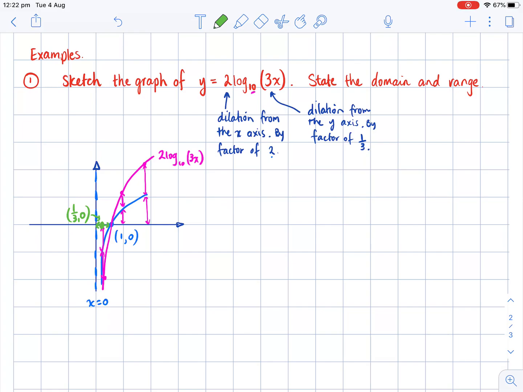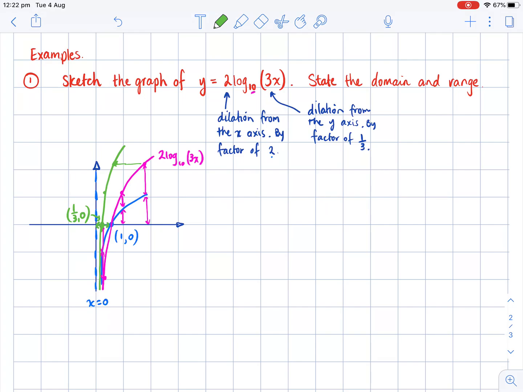And all of these points here become 1/3 of the distance that they were before. So I sort of break it up into thirds. That stretches my graph the same as it was before, but it's even more stretched now.